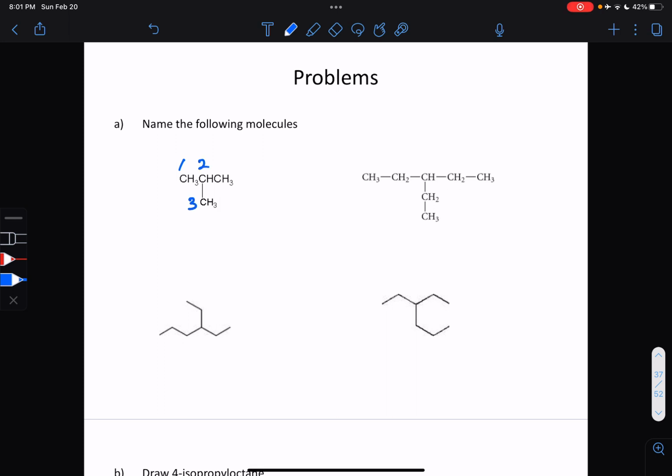Nope, we got another propane. What about if we did 1, 2, 3? Nope, another propane. So it looks like our parent chain here is going to be what? Propane. Yep.